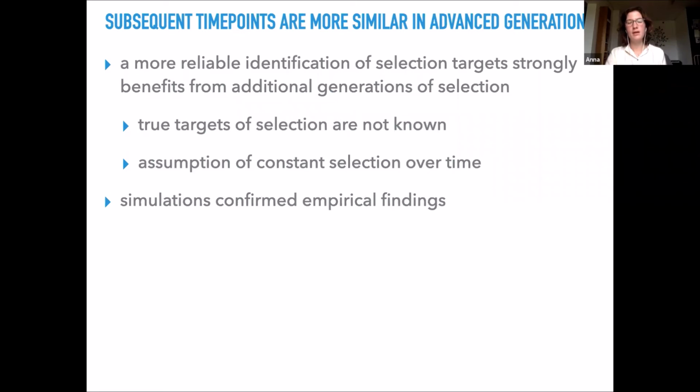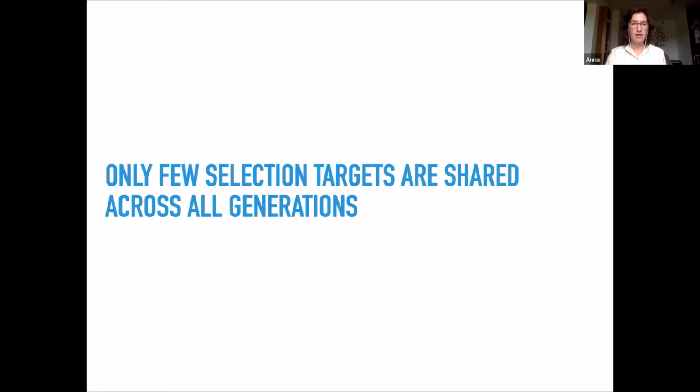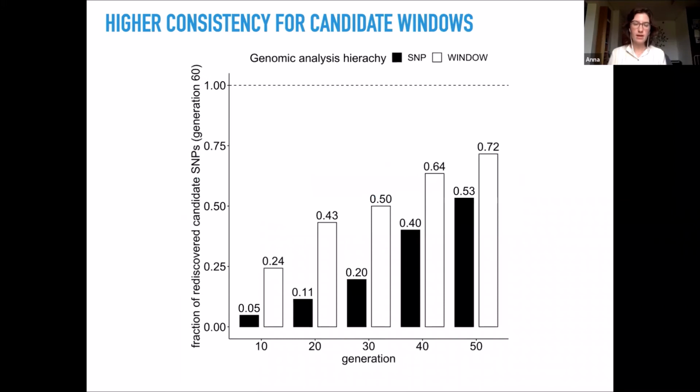Okay, so the next finding is that only few selection targets are shared across all generations. So what do I mean by that? Here you have a plot where on the y-axis you have the fraction of rediscovered candidate SNPs of generation 60, and on the x-axis you have the intermediate generations.